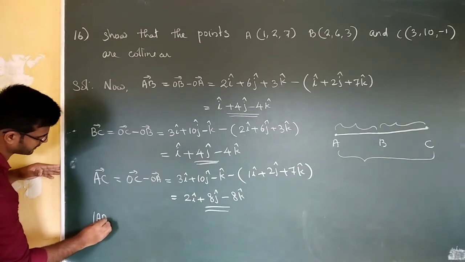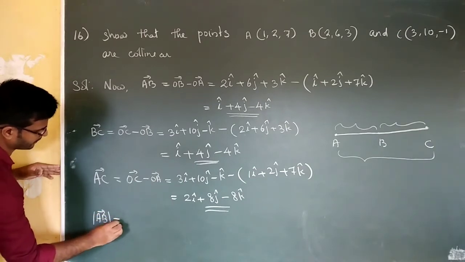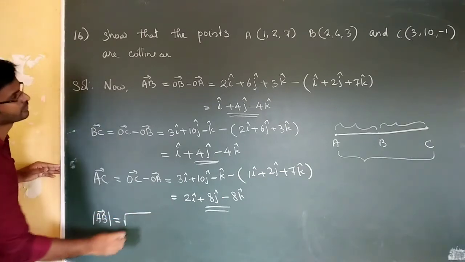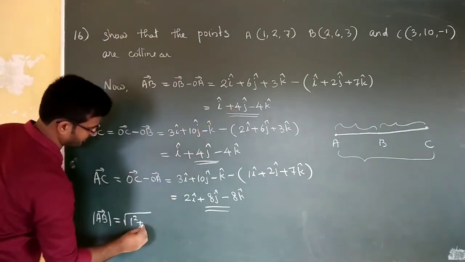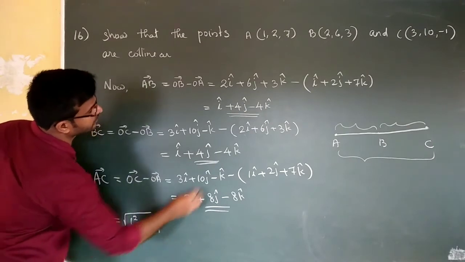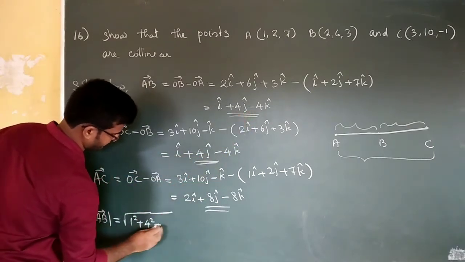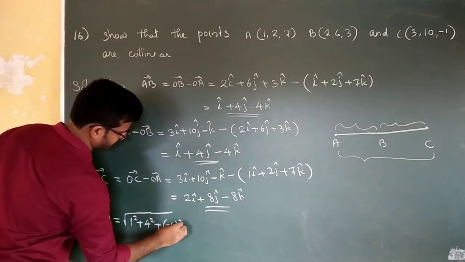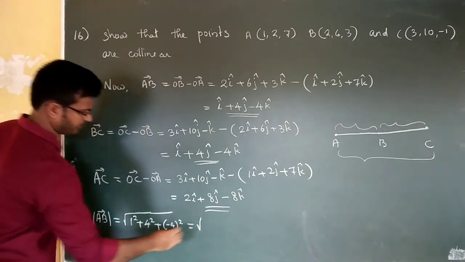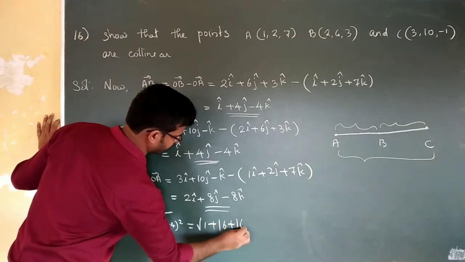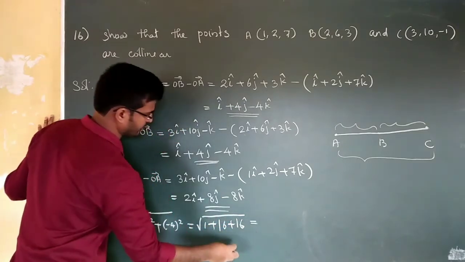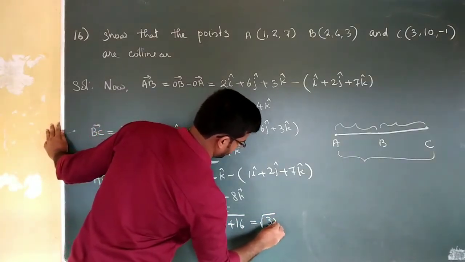Magnitude of AB vector equal to square root of 1 square plus 4 square plus minus 4 square. Square root of 1 plus 16 plus 16 equals square root of 33.